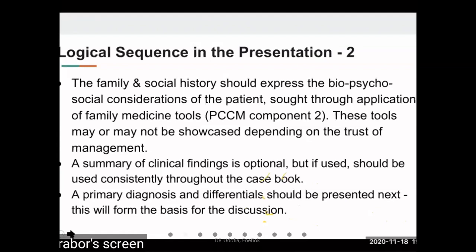If you do such a summary, let it be done consistently throughout the case, and the primary diagnosis should be presented, then your differential diagnosis. This is very, very important, so that at least that will show the examiner you are thinking, and your discussion will be based on such presentation.